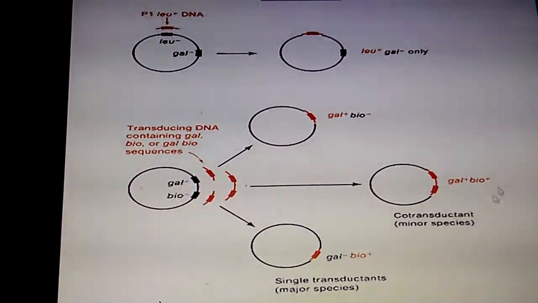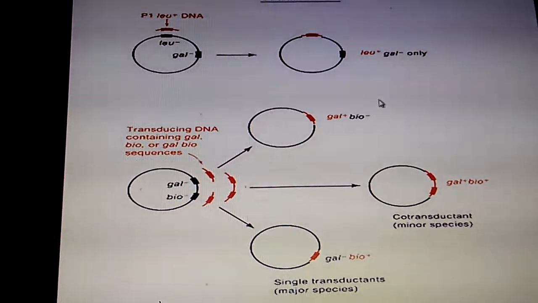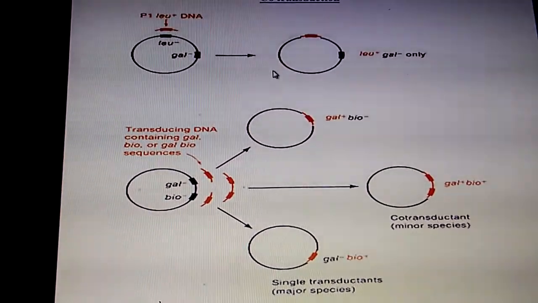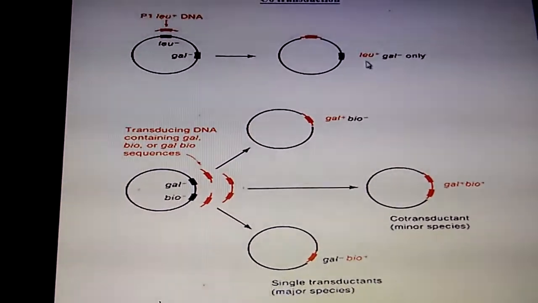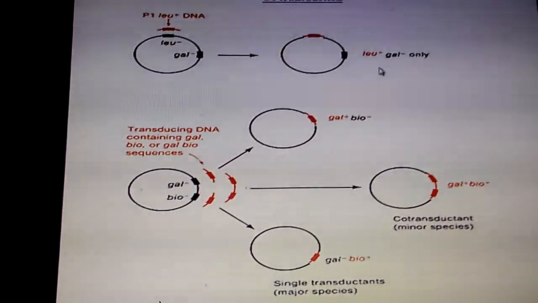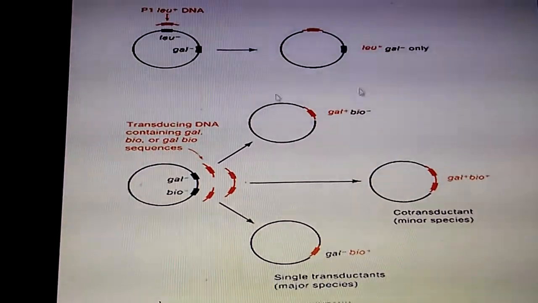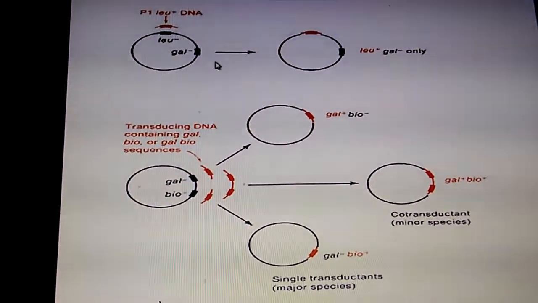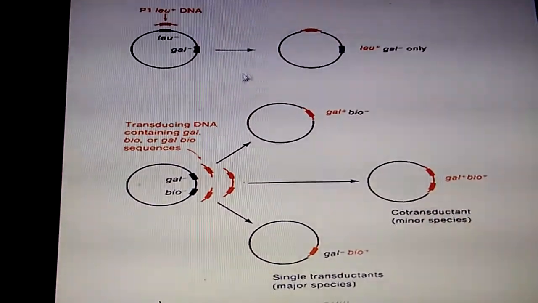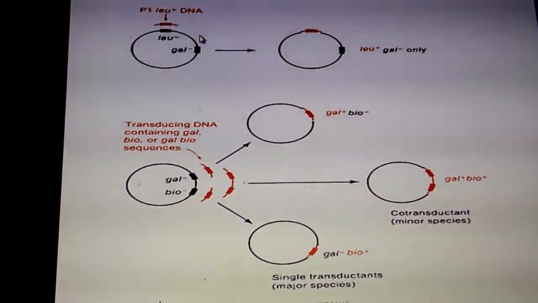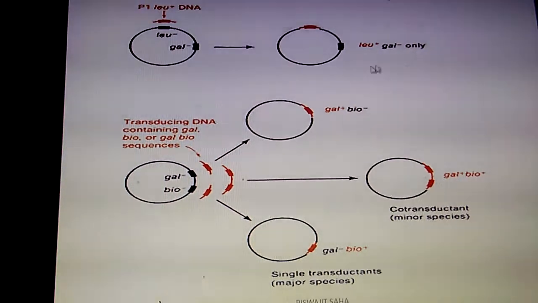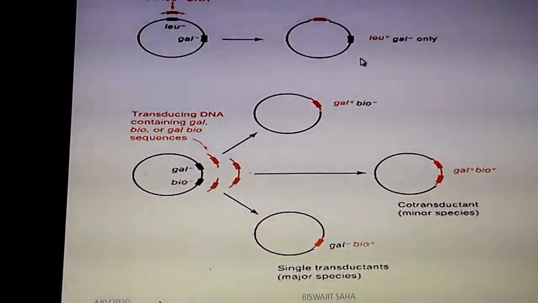So we can generate Gal plus Bio plus transductants, but we cannot generate Leu plus Gal plus transductants. Either Leu plus Gal minus, or it may be Leu minus Gal plus will be generated. That is not described here, but there will be. You can surely understand the fact that you can generate the Leu minus Gal plus bacteria also, right? Hope you understand.